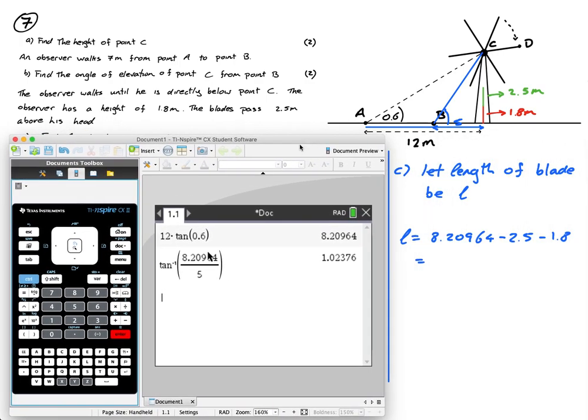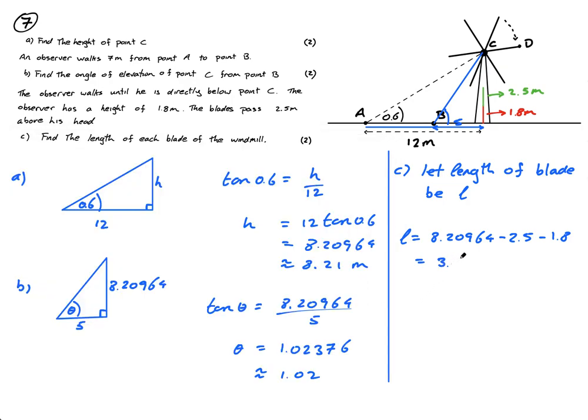And using our calculator, 8.20964 minus 2.5 minus 1.8 gives me 3.90964. And that's meters. Well, let's do approximately equal to 3.91 meters.